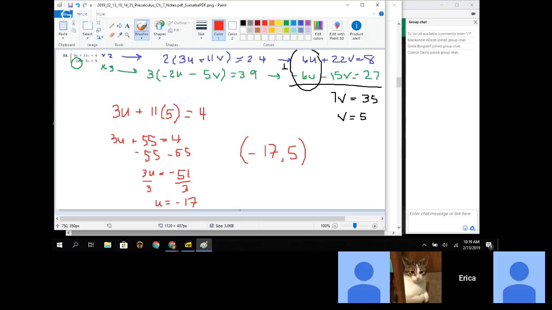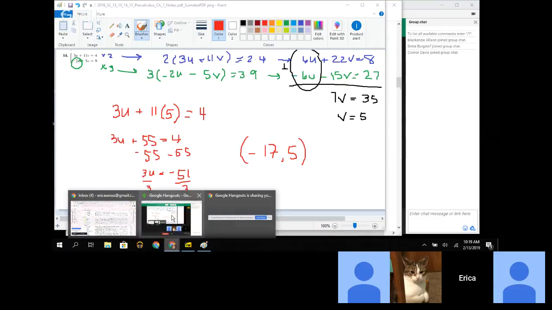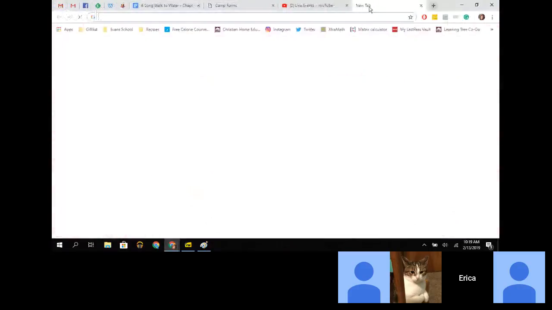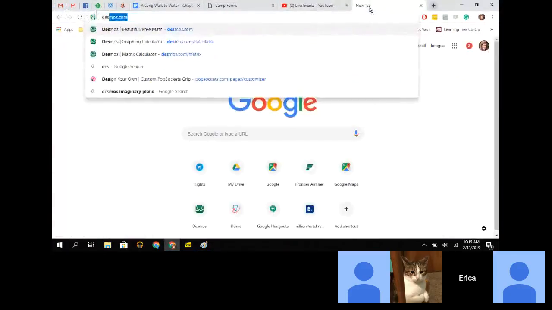Right? So then if I was going to check my answer, it says check it algebraically, but I'm just going to say check it somehow. The easiest way for me to check it would be Desmos, right?